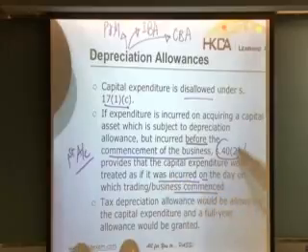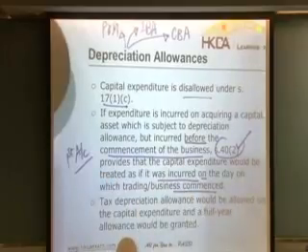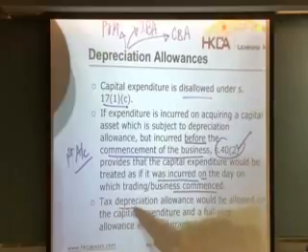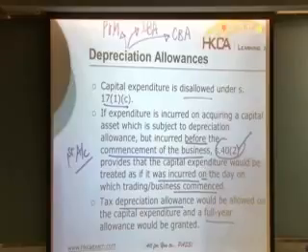Then you need to quote this section. The capital expenditure will be treated as incurred on commencement day. If that is the case, you can calculate the depreciation allowance for the whole year, even though you only use it for half of the year. As long as you use it by the end of the year, you can claim the full year allowance. You don't have to apportion the depreciation allowances. All right?